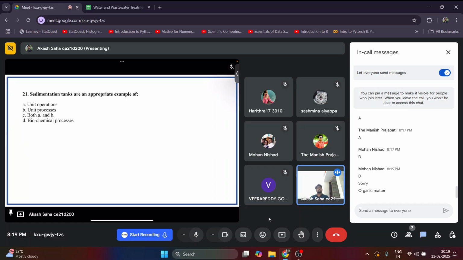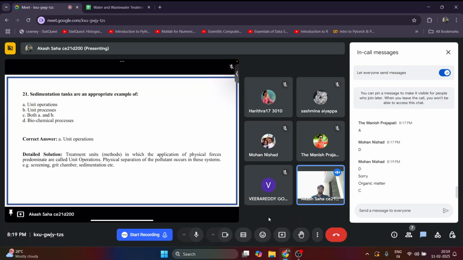So unit operations are those which generally happen as per physical forces. Whereas unit processes can be chemical, biochemical kinds of processes. So all kinds of sedimentation are nothing but settling down based on gravity, based on physical forces. So these are all unit operations. Okay.